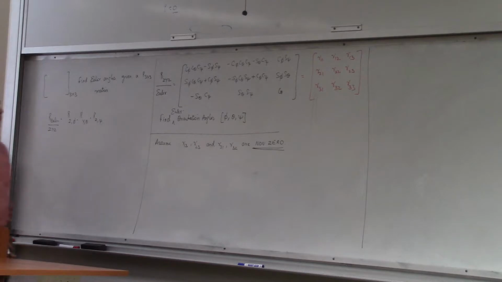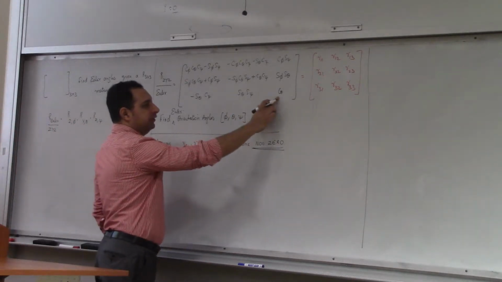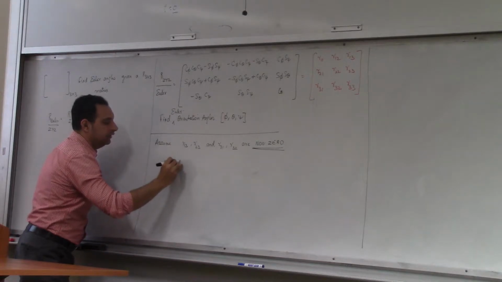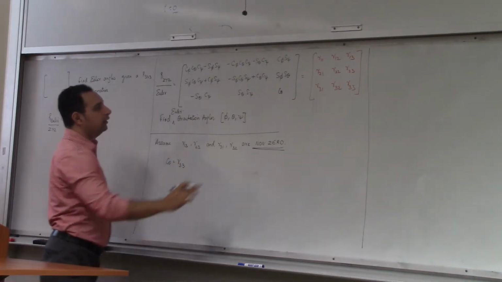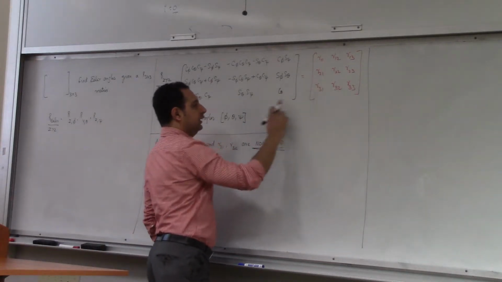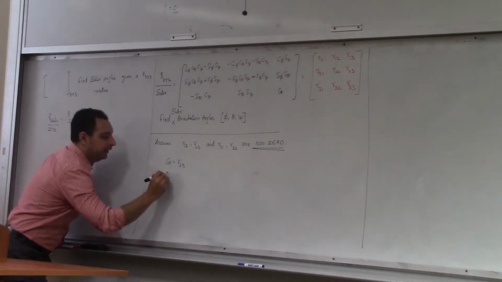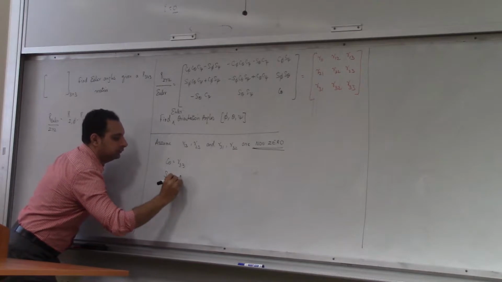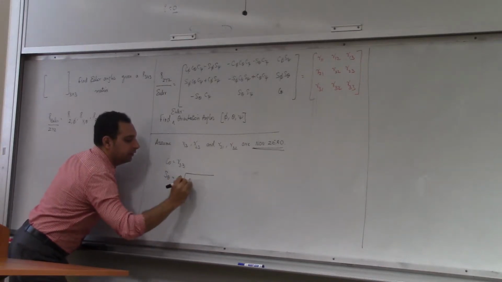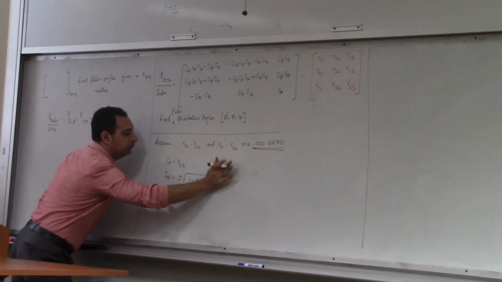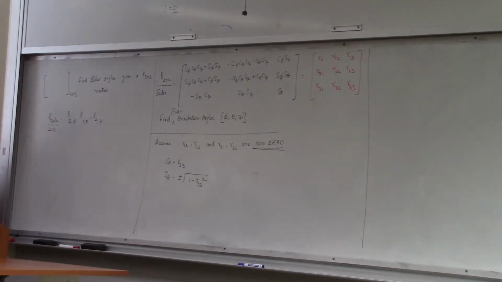So if this is non-zero, cos theta we have here. So cos theta is R33. Right? Okay, cos theta is R33. If cos theta is R33, sin theta will be equal to plus or minus square root of 1 minus R33 squared. Right?